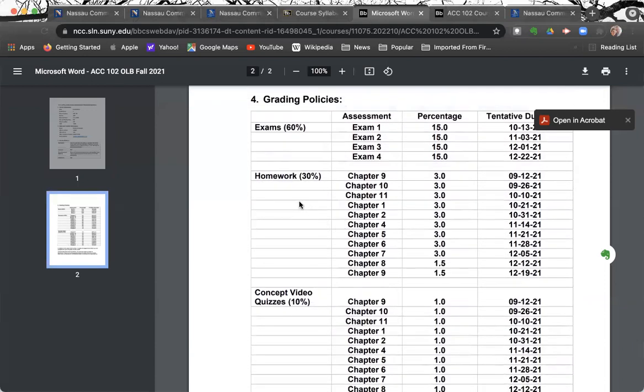Now, if you look at this, you'll see chapter 9, 10, 11, and then you'll see chapter 9 down here again. The reason for that is that your textbook is really 2 books. It's an Accounting 101 book and an Accounting 102 book. So these first 3 chapters come from the first part of the book, and then these 9 chapters come from the other part of the book.